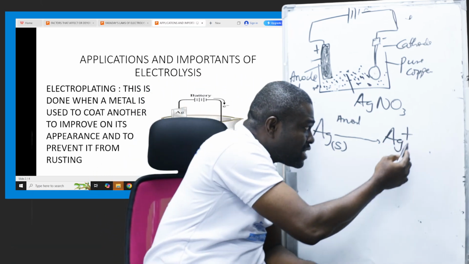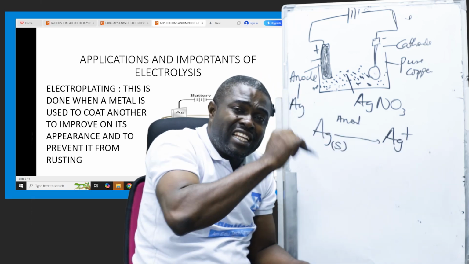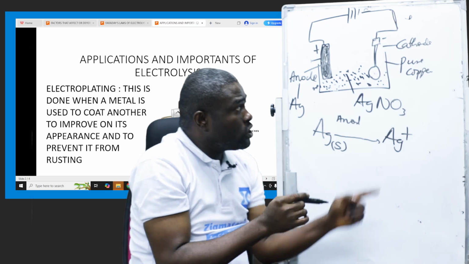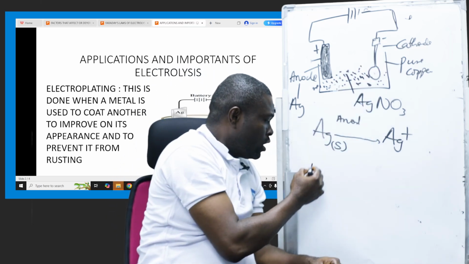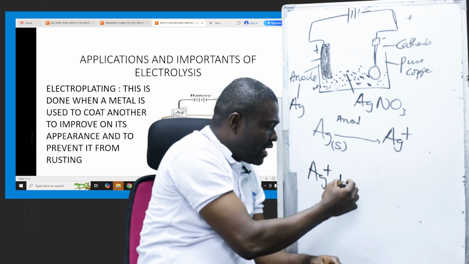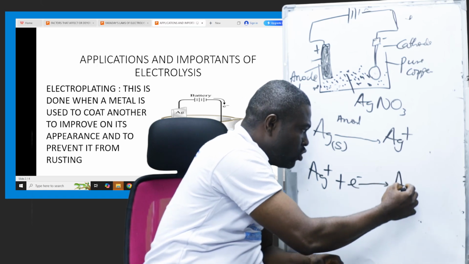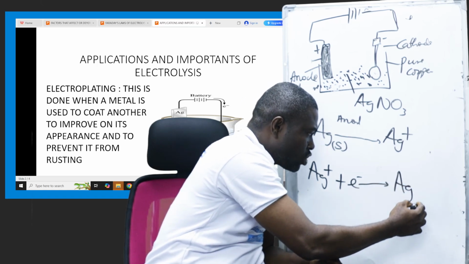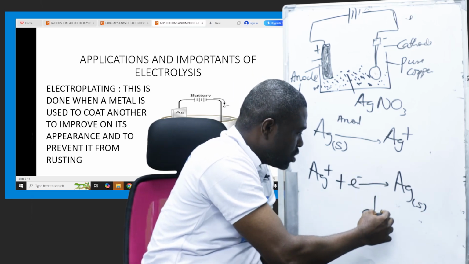Now, the silver ion it has produced is positive. So it will definitely go to a negative electrode, which is what? Cathode. So when it gets to the cathode, the silver 1 plus will pick up an electron there and becomes neutral silver. Neutral silver, which is what now? Solid. This one is happening at the cathode.